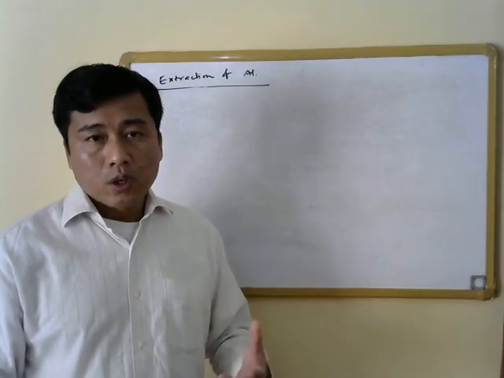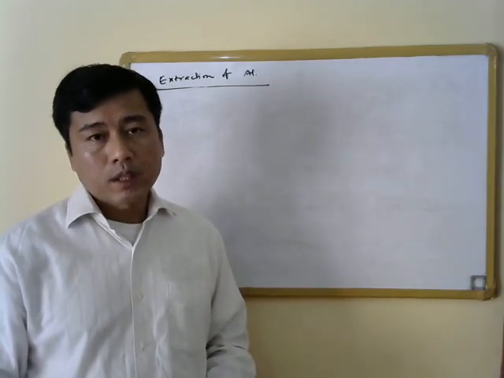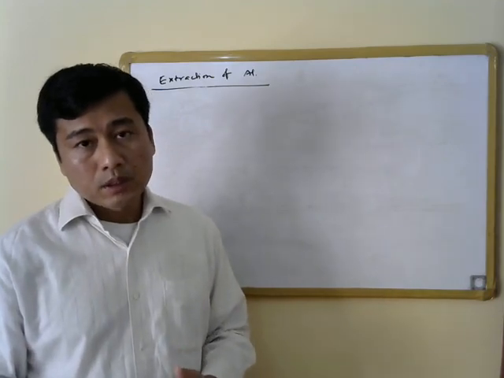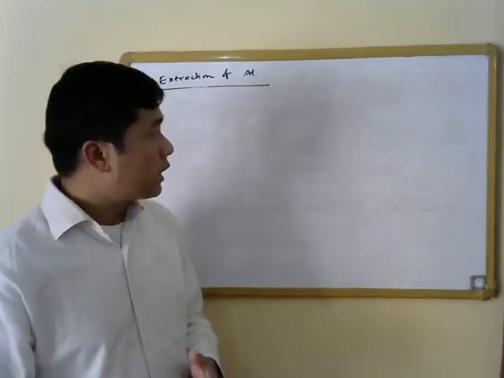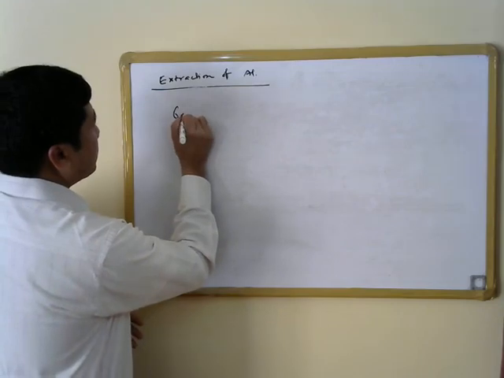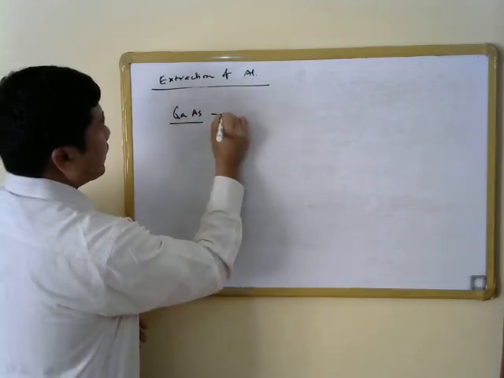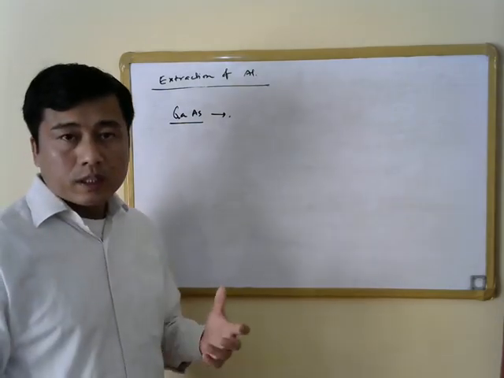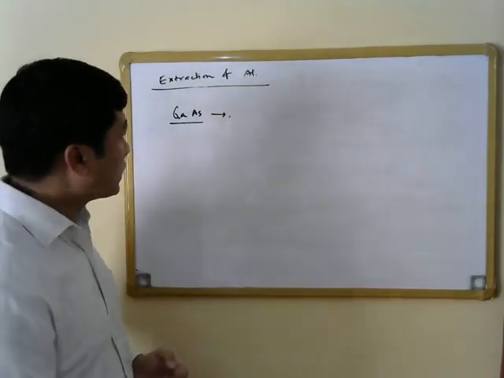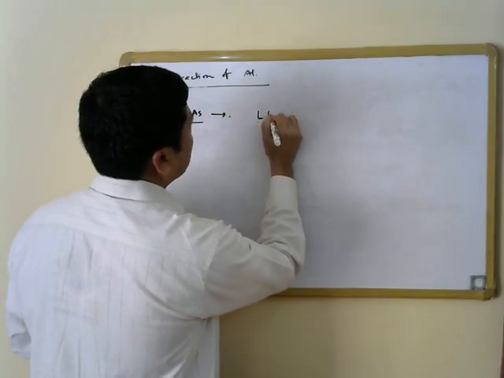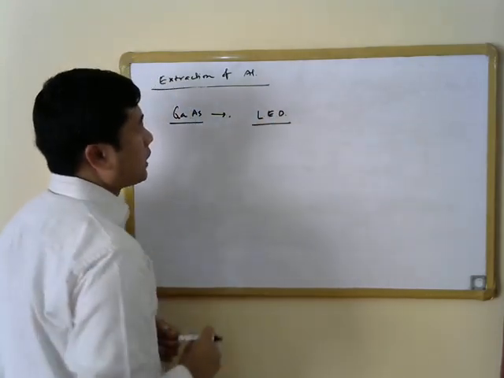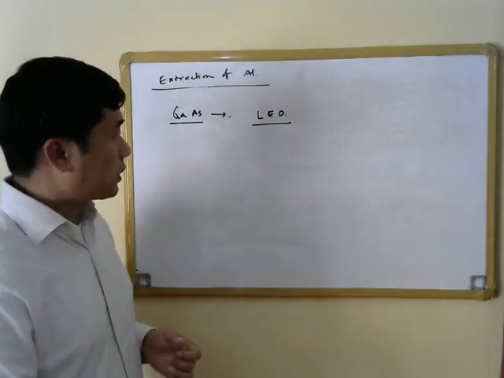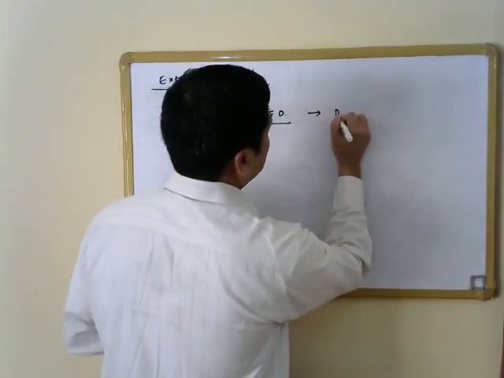One can also obtain gallium as a byproduct, and gallium also has important application in the electronic industry, that is gallium arsenide is an important semiconductor, as well as it can convert electrical energy into light. That is why it is used as a light emitting diode, and it has found application in the display industry.